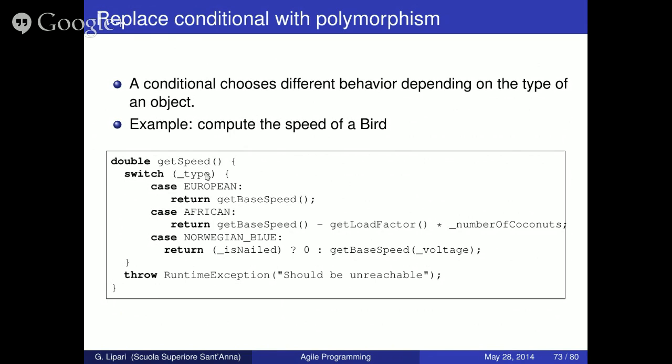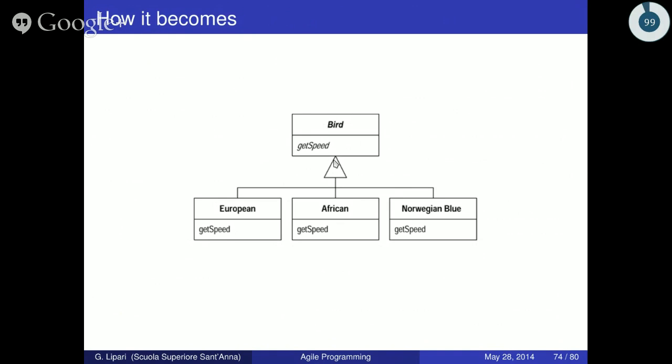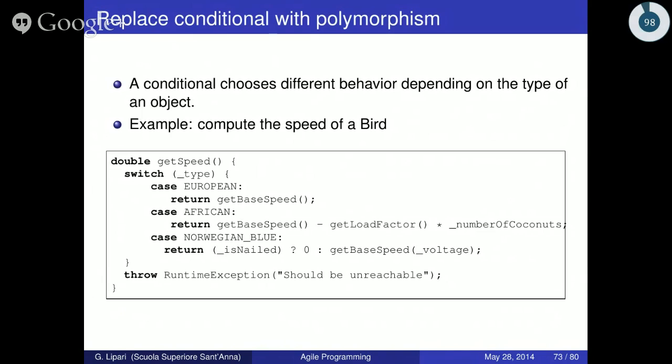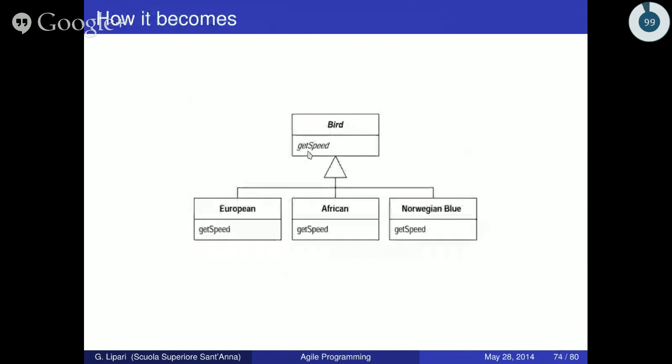Now, this is the typical case in which we want to have a hierarchy, because we have different types of objects, all of them derive from a base object class, and we are switching between different types of it. So hierarchy of objects seems to be the best thing to do. So the first thing we are going to do is to create a class bird, in which you get speed.